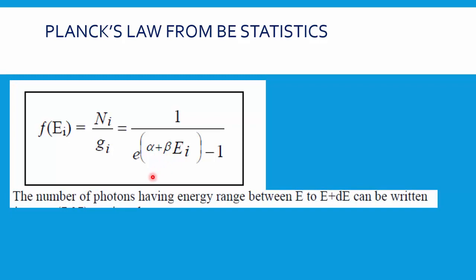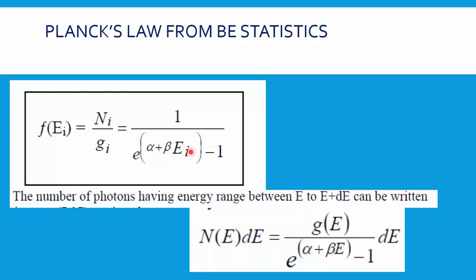So if I want to express this distribution function in terms of energy, I can write it in this form. If you want to express the number of particles, here photons, between E and E plus dE, then you have to write the number of photons as a function of energy.